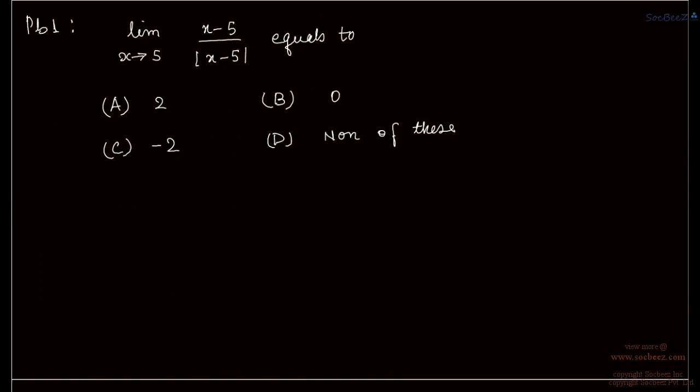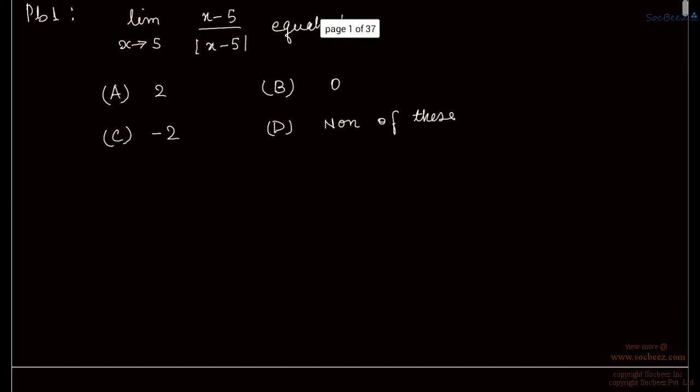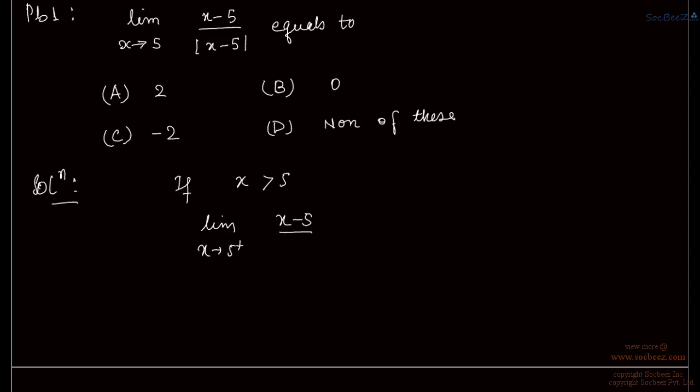So if x is greater than 5, then we can write limit x tends to 5 plus of x minus 5 upon mod of x minus 5, which is the same as x minus 5, right? Because x is greater than 5. So we have 1, right?